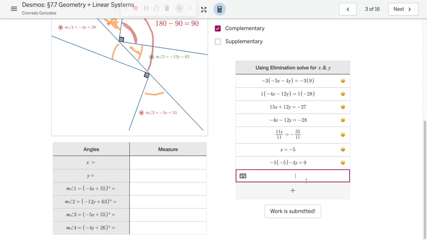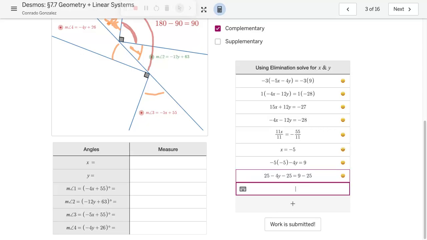Now I just simplify and solve for y. Negative 5 times negative 5 is 25, minus 4y equals 9. I subtract 25 from both sides, and I get negative 4y equals 9 minus 25, which is minus 16.